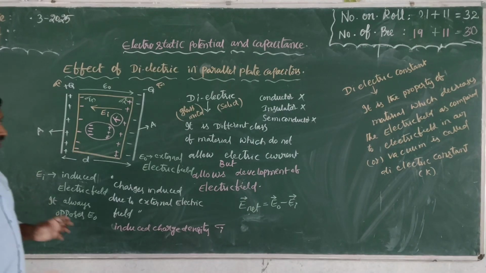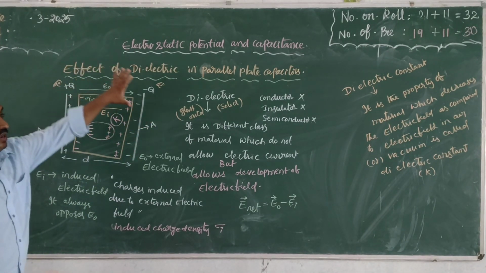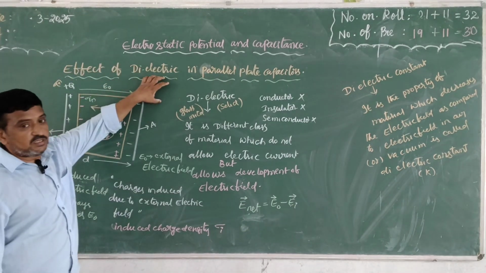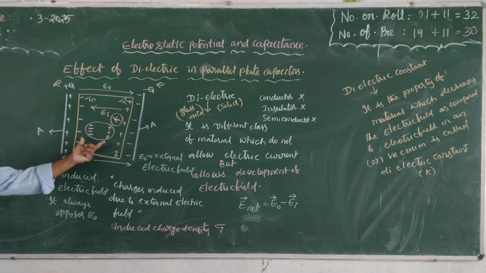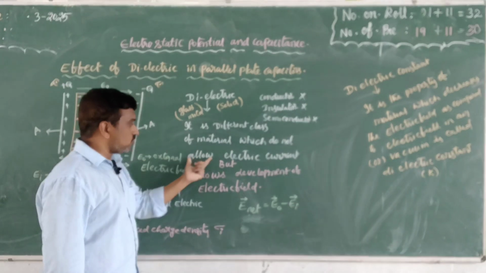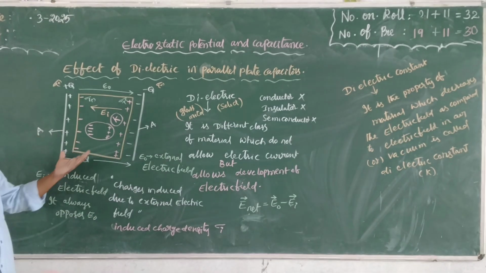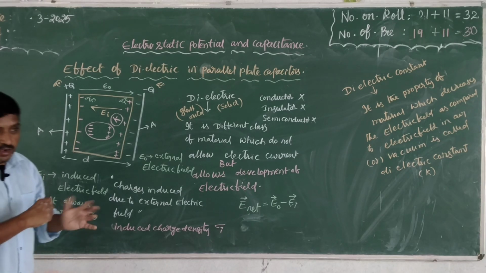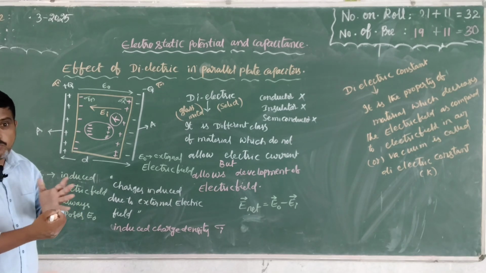See, first here it is the parallel plates, plus Q and minus Q. This surface charge density is sigma plus, this surface charge density is sigma minus. Due to this external electric field in this dielectric material, a dielectric is a different class of material which does not allow electric current but allows development of electric field inside it. Atoms and molecules have charges, and these charges are polarized.